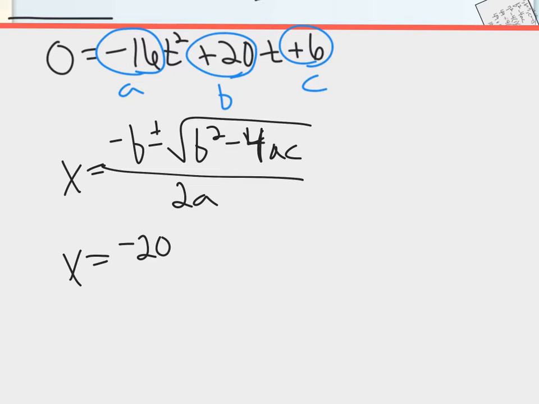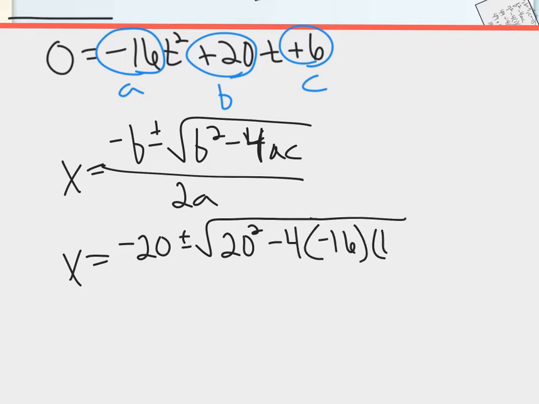So this time b is positive, so when the negative comes down, and then b is 20, and then we got 20 squared minus 4 times negative 16 times 6, all over 2 times negative 16.